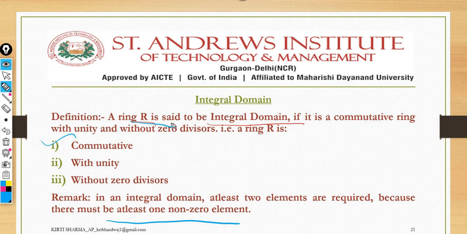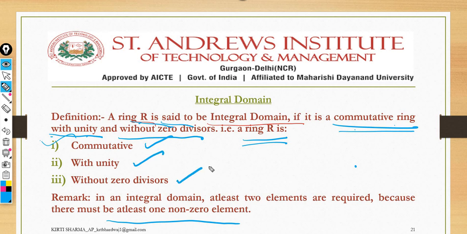But any R is said to be an integral domain if it is a commutative ring with unity. This concept we have already studied: commutative ring with unity, with and without zero divisor. If all three conditions are satisfied by a ring, then you can say that it's an integral domain. What are those? First, it should be commutative, then second with unity, and third without zero divisor. Then it's an integral domain.